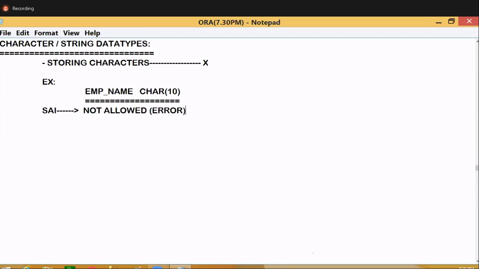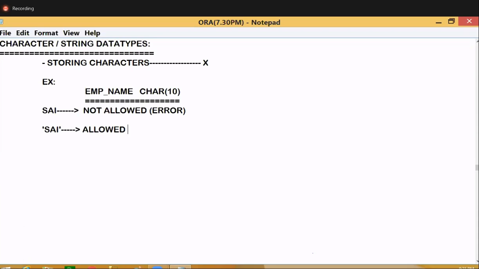It shows an error. But the same Sai spelling, if I insert it along with single quotes, is successfully allowed.